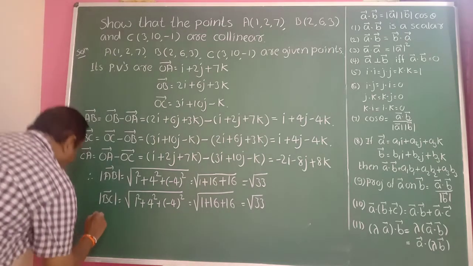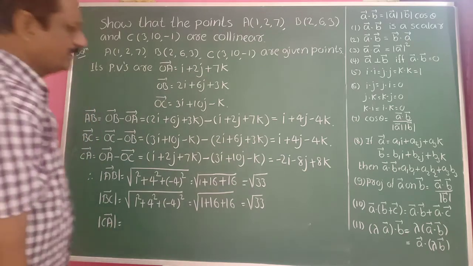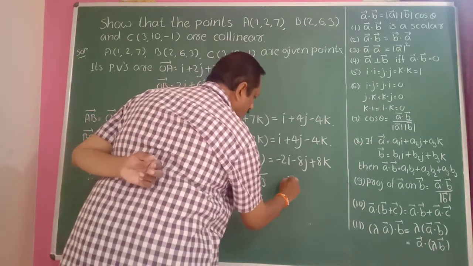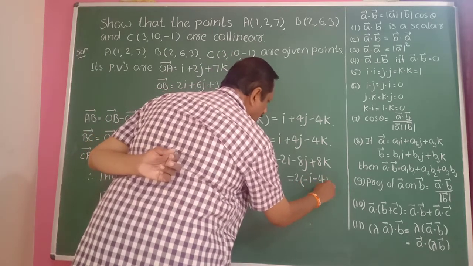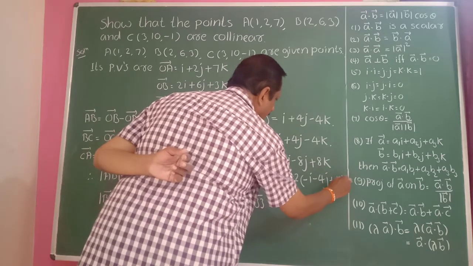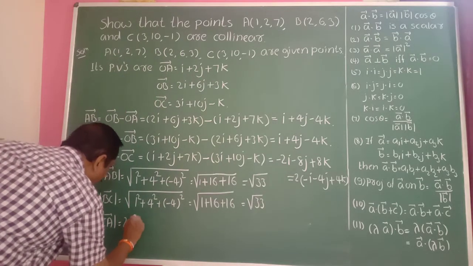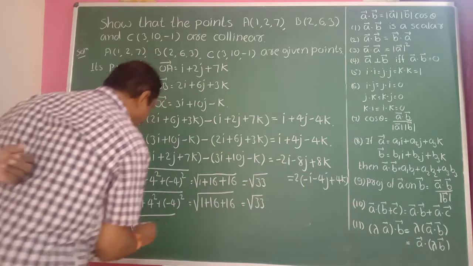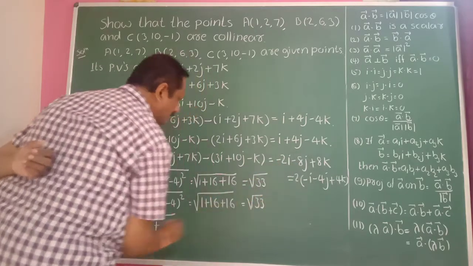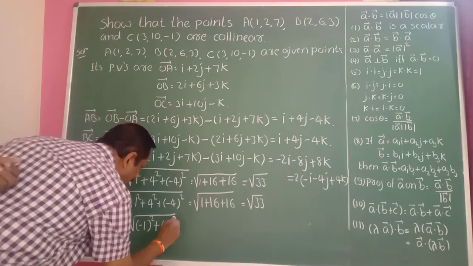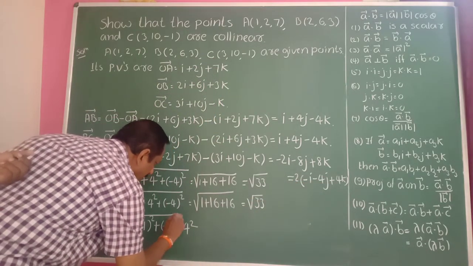Then the modulus of CA. The modulus of the vector CA is equal to, just observe here, from these three terms you can take 2 as a common factor. So minus i minus 4j plus 4k, taking 2 common, write 2 outside, then the root of minus 1 squared plus minus 4 squared plus 4 squared.